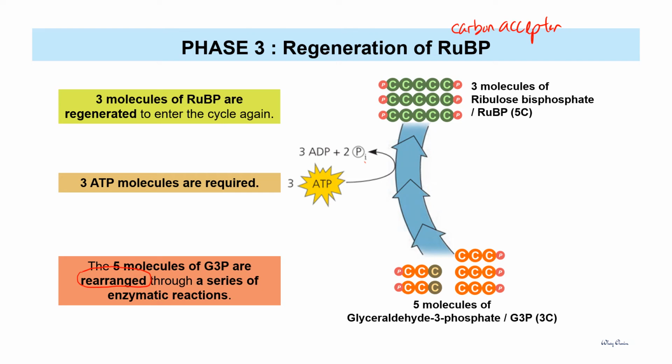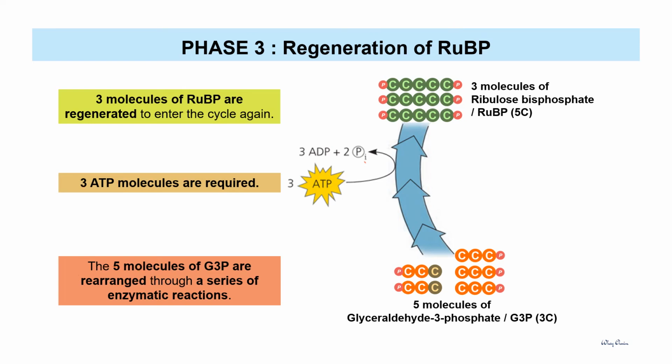During the regeneration of RuBP, we notice that 3 ATP molecules are used, and at the same time there is the removal of 2 inorganic phosphate groups to produce the 3 molecules of RuBP.